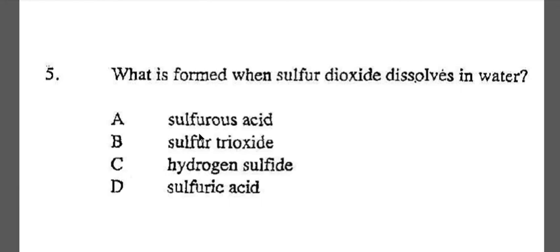What is formed when sulfur dioxide dissolves in water? So when we dissolve sulfur dioxide in water, what is formed? Option A is sulfurous acid, B sulfur trioxide, C hydrogen sulfide, D sulfuric acid.